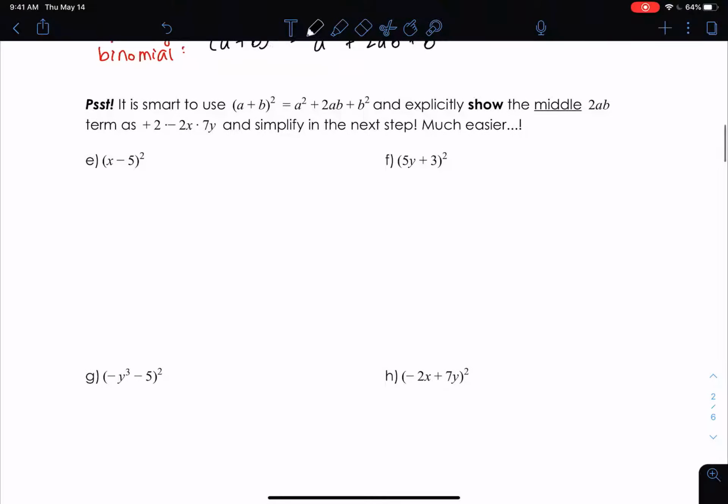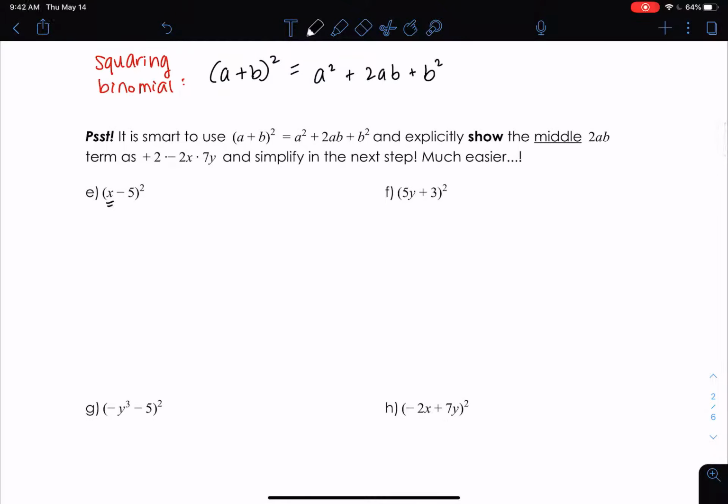Okay, so first we're going to square the first term. So I have a binomial, we're squaring it, so this rule applies. So we're going to get x times x, which is x squared. For my next term, I'm always going to write plus 2 times, and if this is my a and that's my b, then we're writing 2 times x times negative 5.